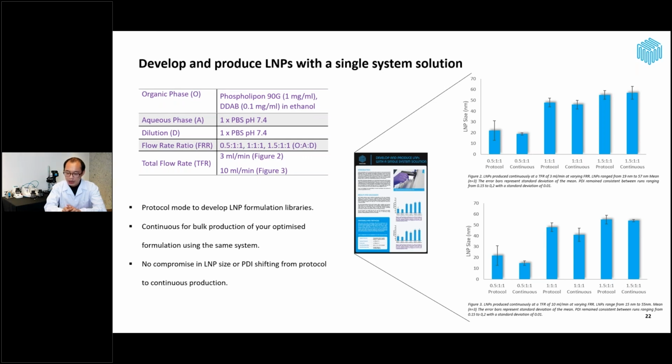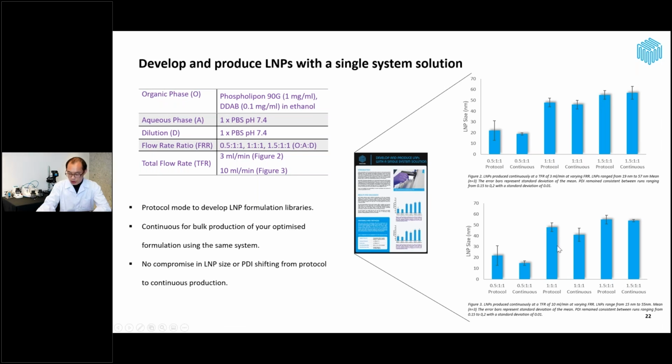It means that the system allows you to do the optimization process, and you can find the optimized conditions for further bulk production. So you can use the parameters that you investigate during the development protocol and use them for the scale-up production.